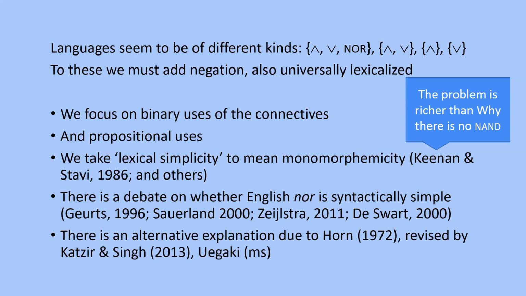Now, we are aware that there is an explanation of these facts that goes back to Larry Horn. It's a pragmatic Gricean explanation. It's been revised recently by Katzir and Singh, by Uegaki. And we will get to that, a brief comparison between our approach and this, broadly speaking, Gricean approach, in the conclusion, if there is time in particular.